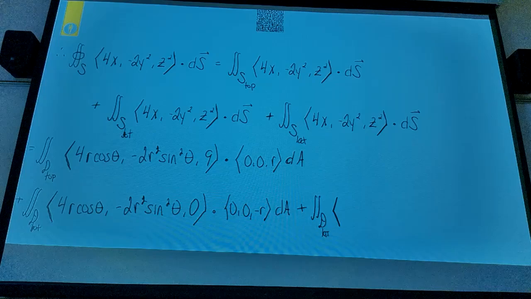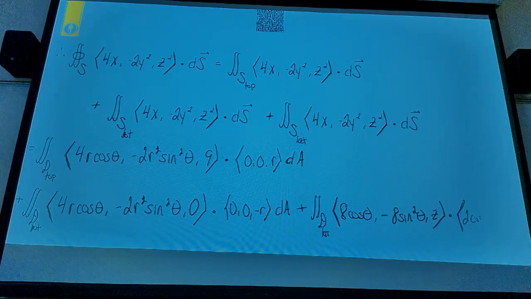Evaluate it along the surface, which was what? 2 cosine, 2 sine, and z. I'm not going to have enough room.